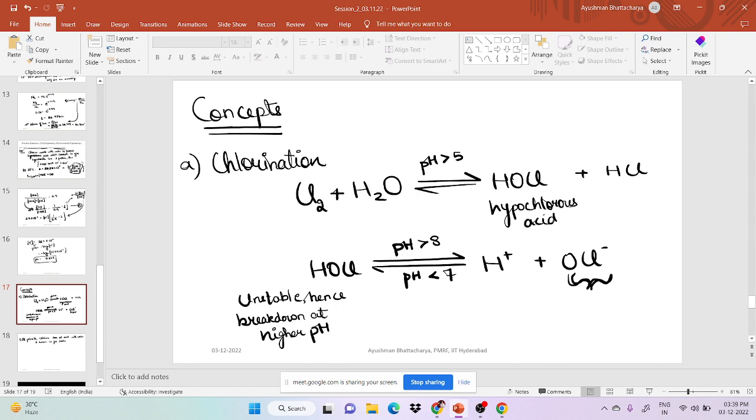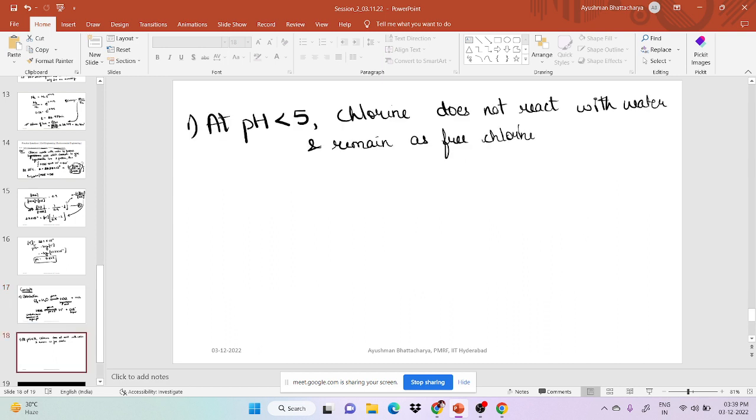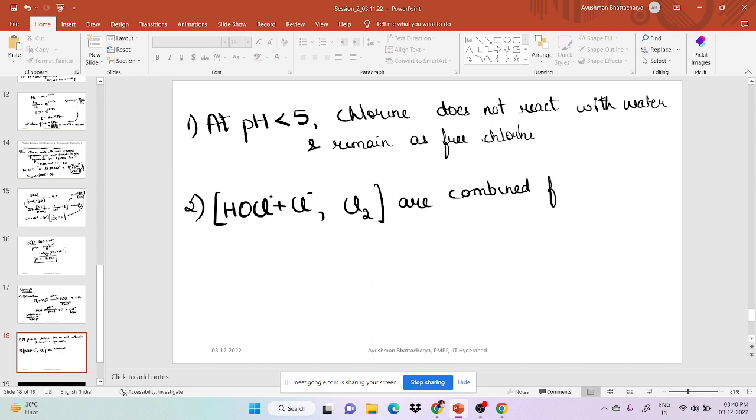So pH should be greater than 5 for the Cl2 to get dissociated. Now the second thing is HOCl, OCl minus and Cl2 combined are called free available chlorine.